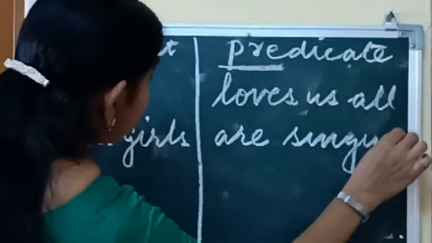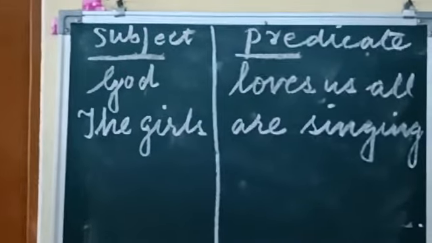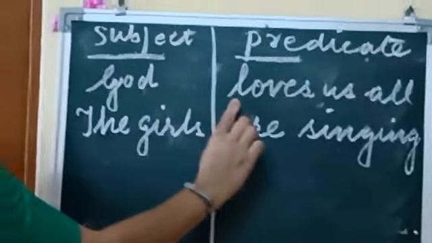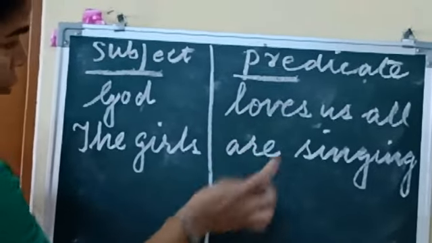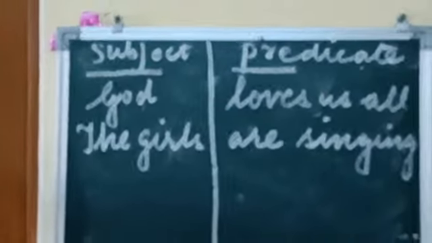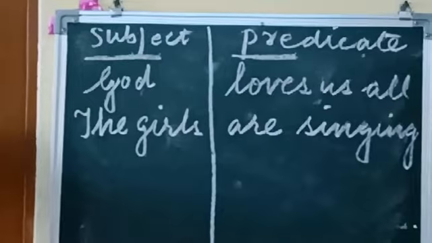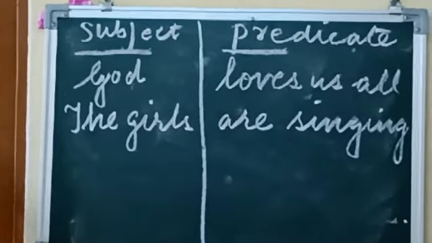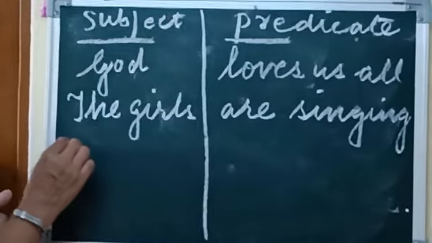The predicate we always begin with the verb. You can note down the verbs here: loves, are. Next one more example I will show you. John and Joseph were awarded.